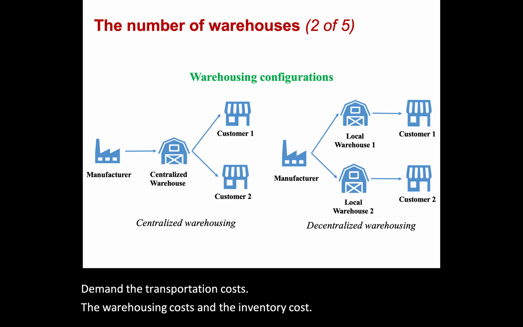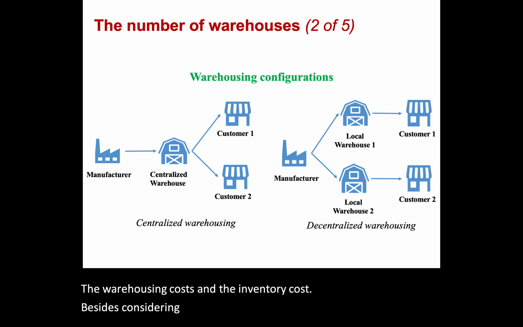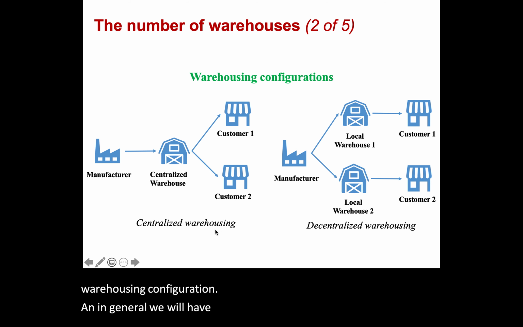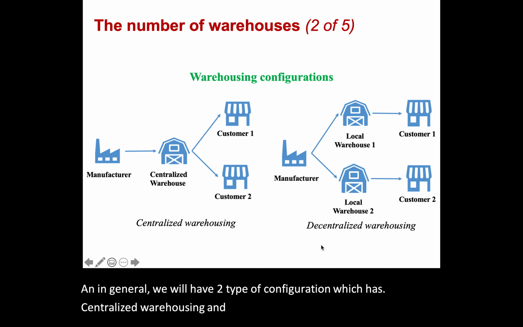Besides considering the cost component, we also need to consider the warehousing configuration. And in general, we will have two types of configuration, which are centralized warehousing and decentralized warehousing.